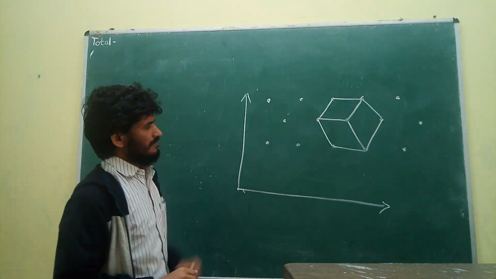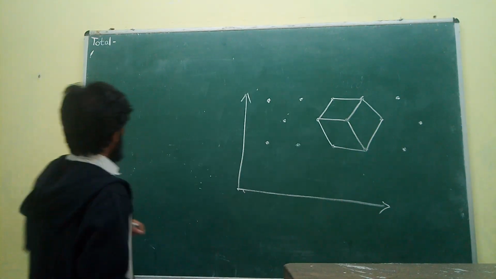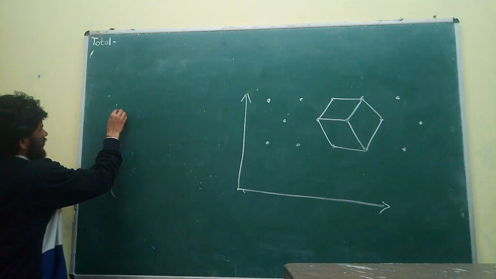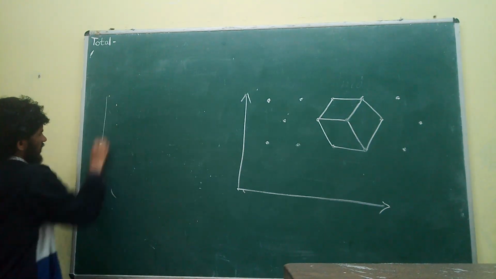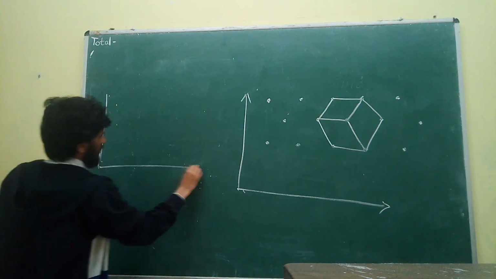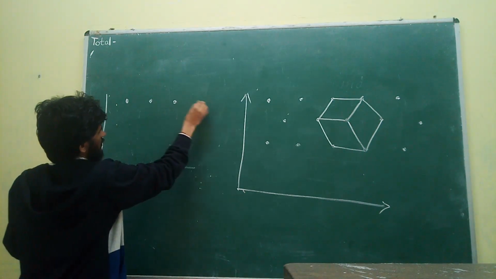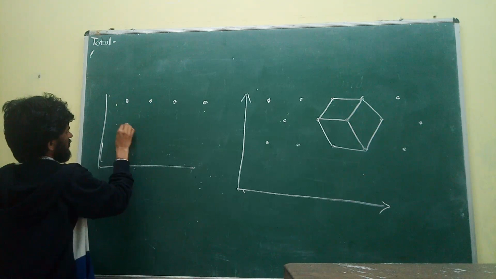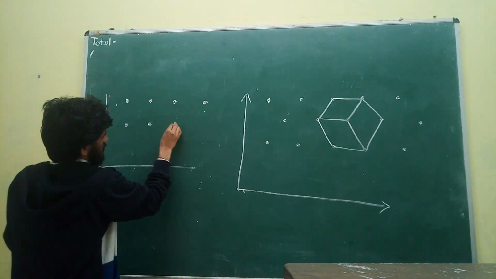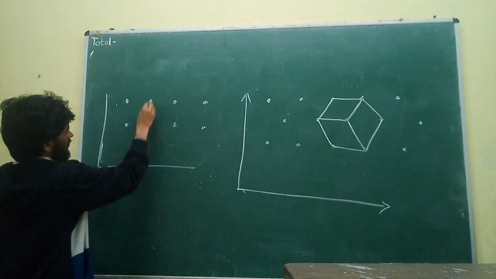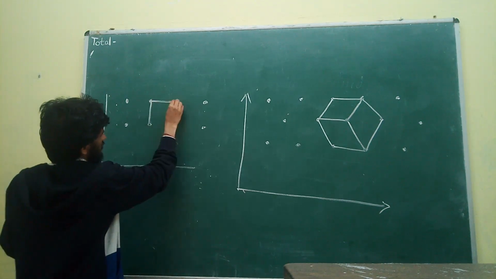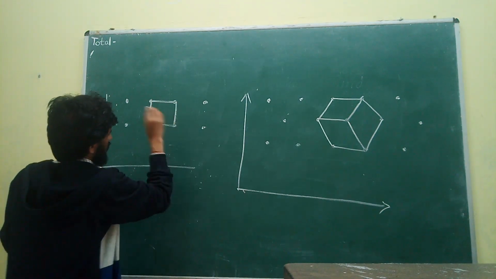Now I am going to draw another one. In a space, I am taking 1, 2, 3, 4. These are the lattice points. Now we are drawing a unit cell.